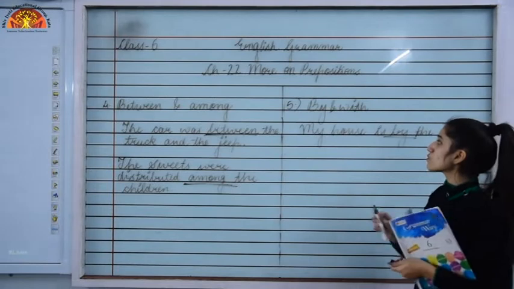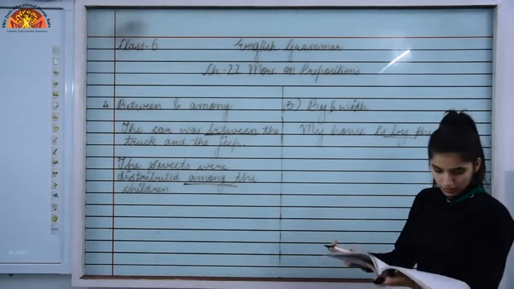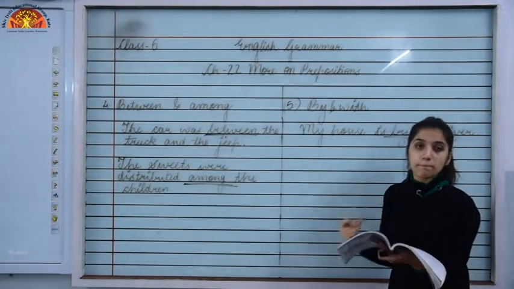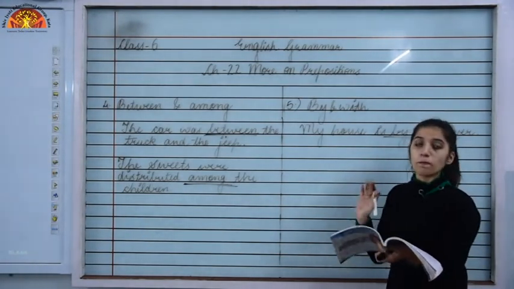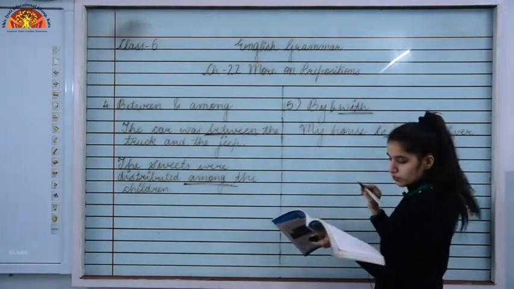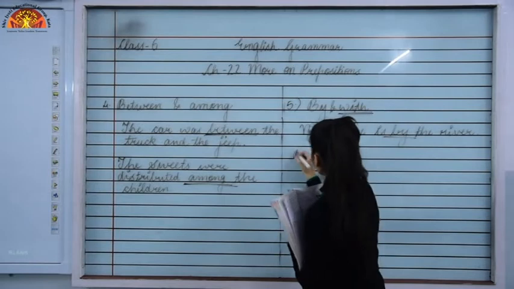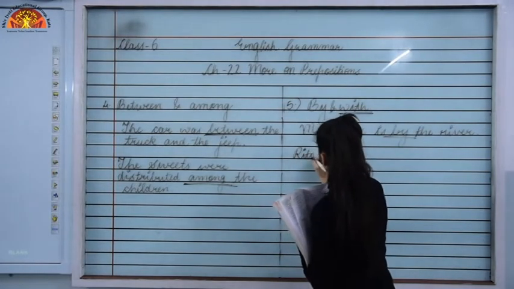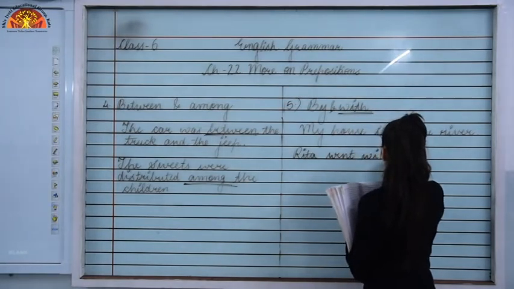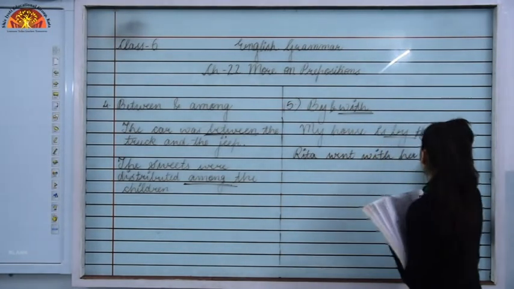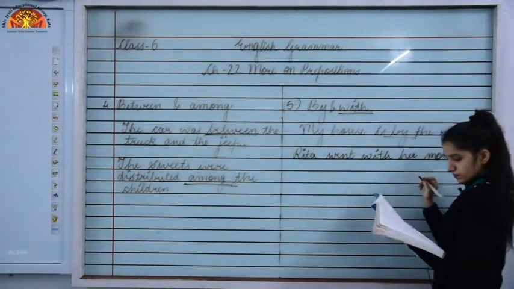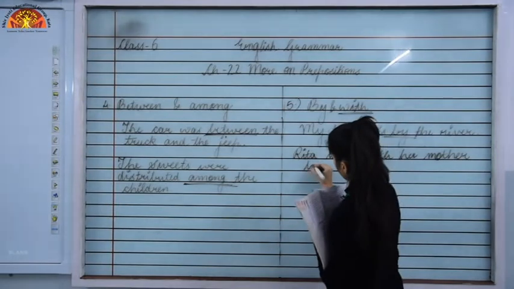So with is used when we are talking about being in the company of someone or something, or possessing something. That time we will use what? With. We will use with, like you can see, Rita went with her mother to the market.